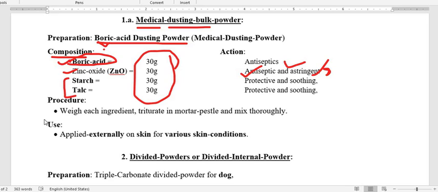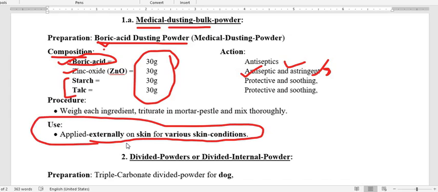And this is not for internal use. So usually this is called bulk dusting powder, and it is used externally over the skin for various skin conditions like ghomori. For other infective conditions, we give this one.